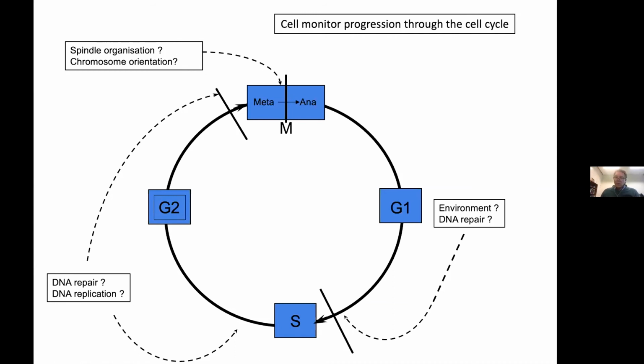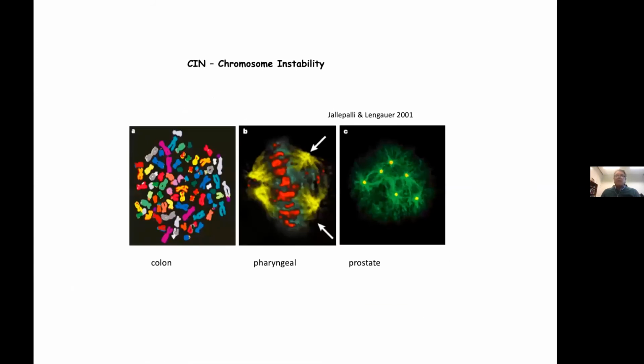So that was the normal part. What we need to understand and be aware of is that this process goes wrong, specifically when we talk about cancer. In cancer, we have cells which have too many chromosomes, or cells that have abnormal formation of the spindle matrix that gives rise to abnormal separation of the chromosomes.